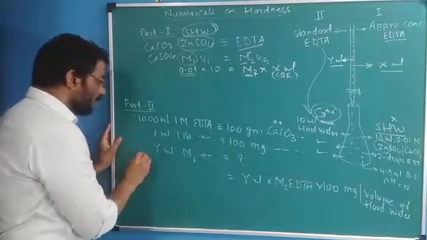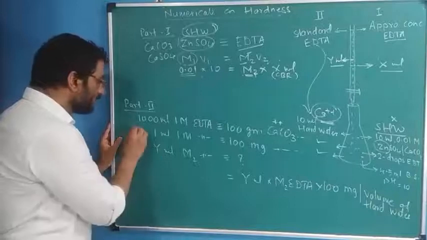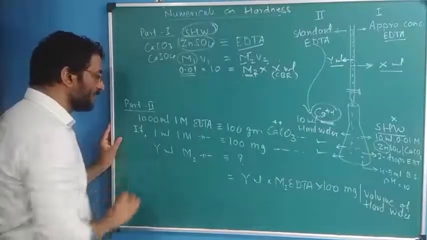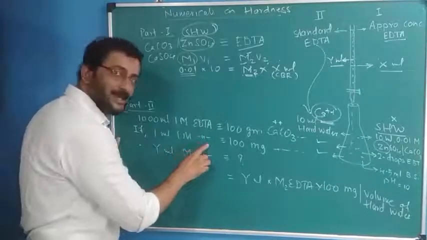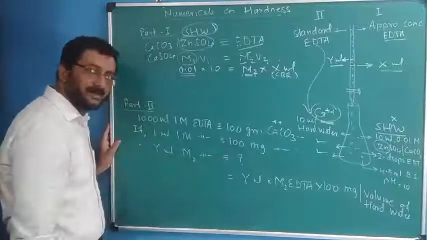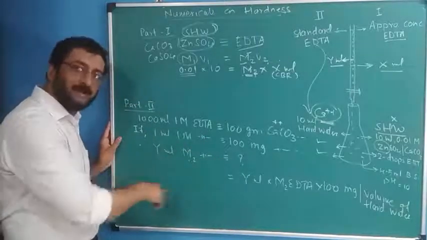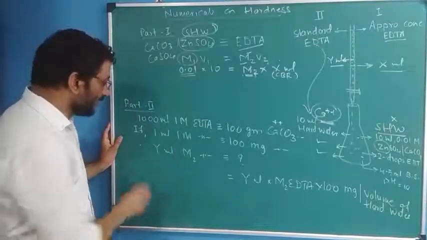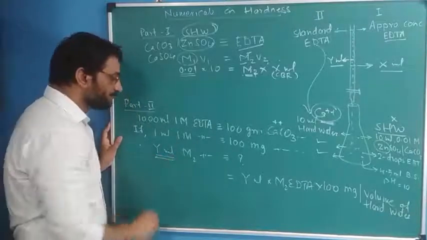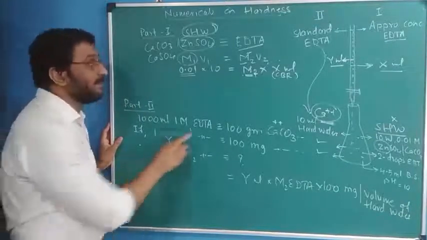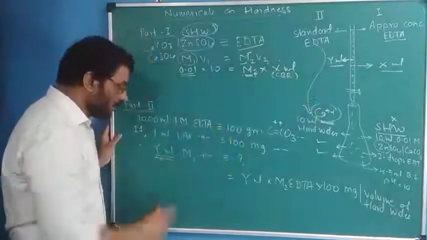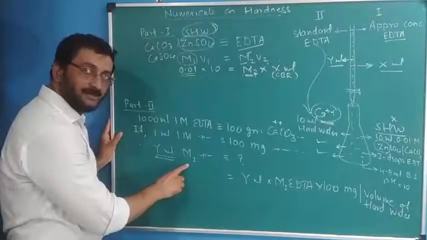Okay, we have converted 1000 ml to 1 ml, so on this side gram to milligram. Now, this is under standard condition. If 1 ml of 1 molar EDTA corresponds to 100 milligram, then in my experimental condition, what is the EDTA required? It is not 1 ml, it is Y ml.